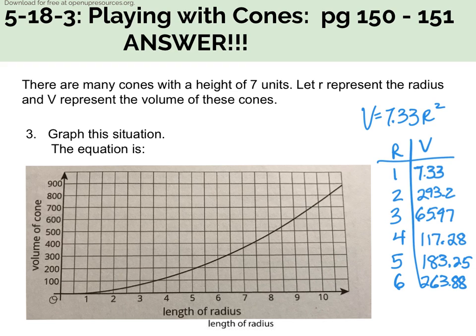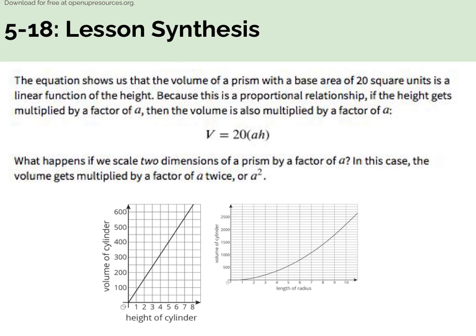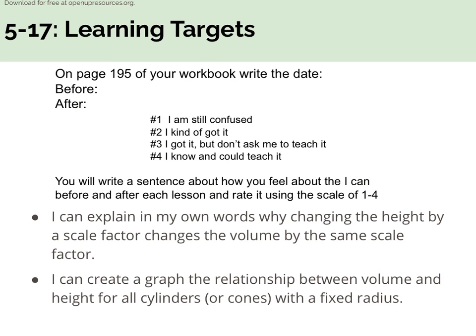This has to do with the cone being 1/3 times pi times radius squared times height. So this is what I was saying before, where the equation we had before was a straight line and it had to do with a rectangular prism or a cylinder. Here it had to do with a cone, and the reason why it's curvy is because of the radius squared.